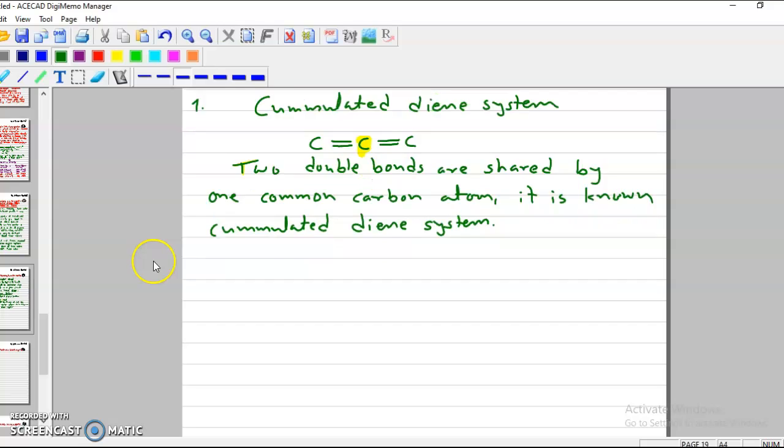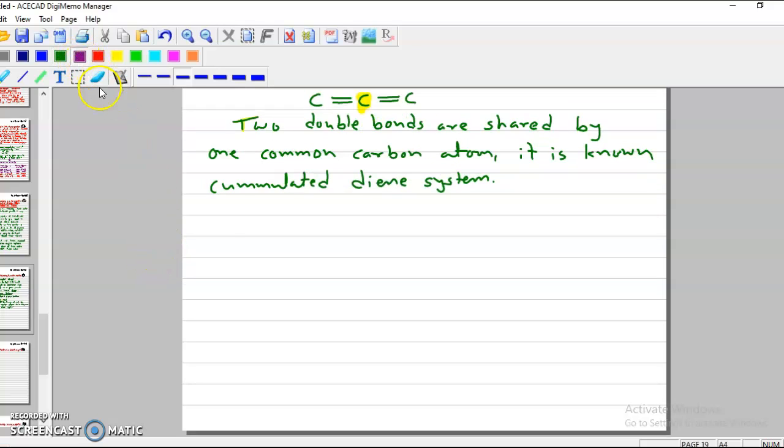Second, the isolated diene system. One carbon has a double bond with one carbon, then there will be more than one single bond in the chain, and then there may be one more double bond.